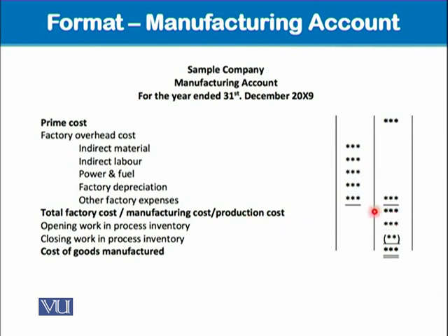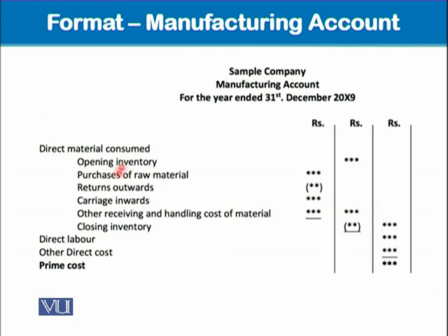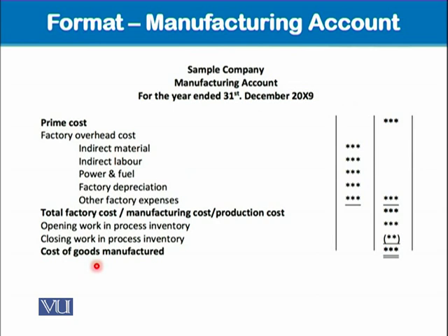Now we are done with all the cost things. We have accumulated all these costs: direct material cost, direct labor cost, other direct cost, meaning the prime cost, and the factory overhead cost. We are with this total factory cost now.